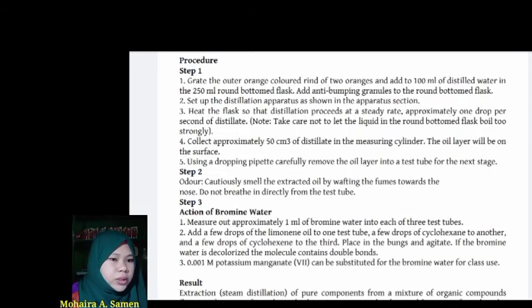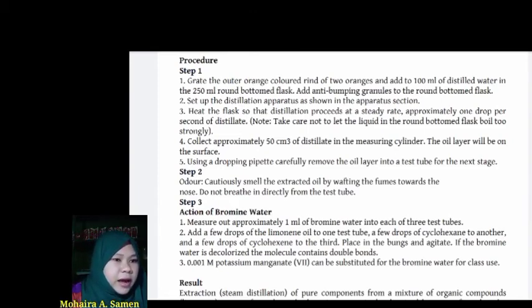Let's go to the procedure of this experiment. Now, step 1. We grate the outer orange colored rind of 2 oranges and add to 100 ml of distilled water in the 250 ml round bottom flask. Add anti-bumping granules to the round bottom flask.